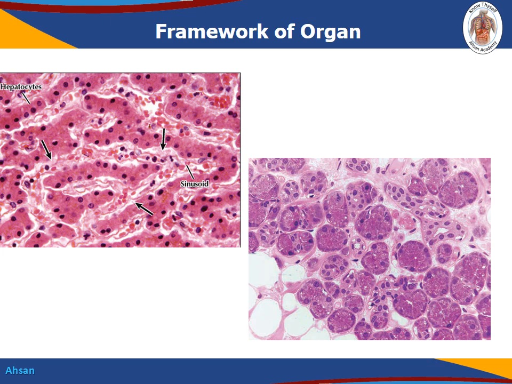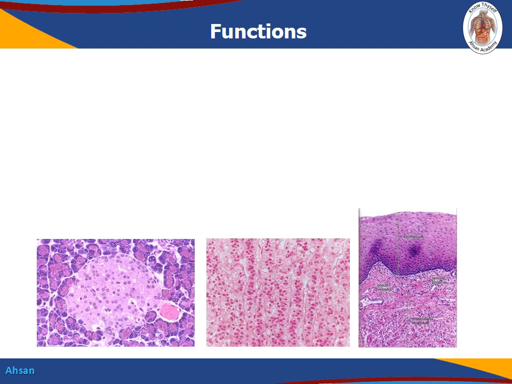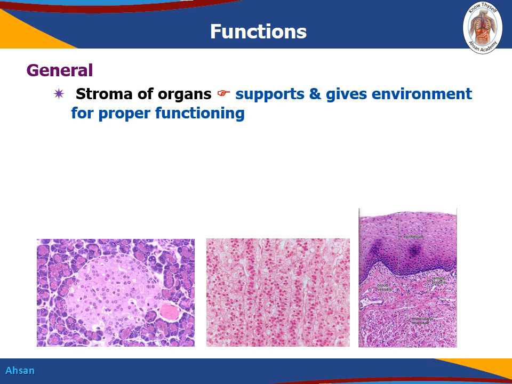In the right figure, the arrow is indicating the connective tissue, and it forms the framework in which the actual functioning cells, known as parenchyma, are situated. So parenchyma is situated within the framework of connective tissue. In general, it forms the stroma.